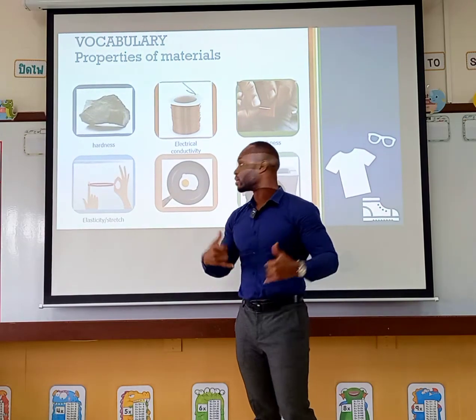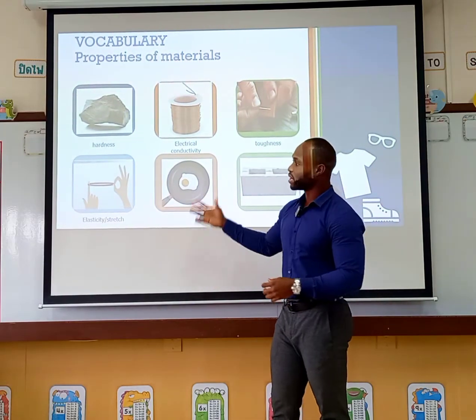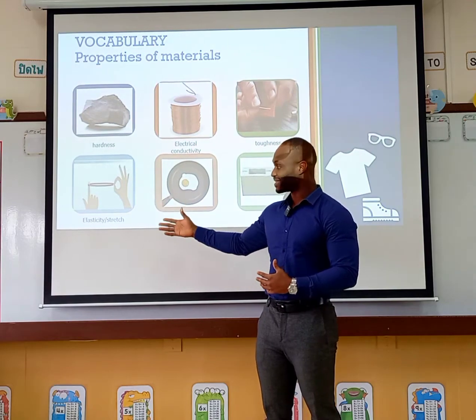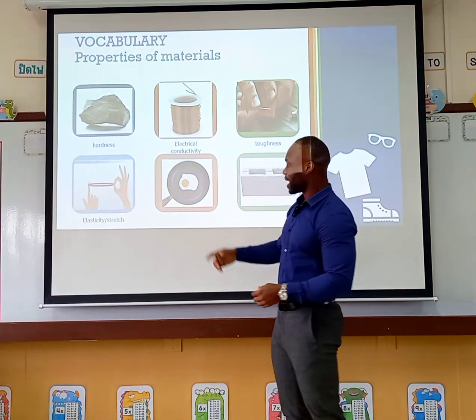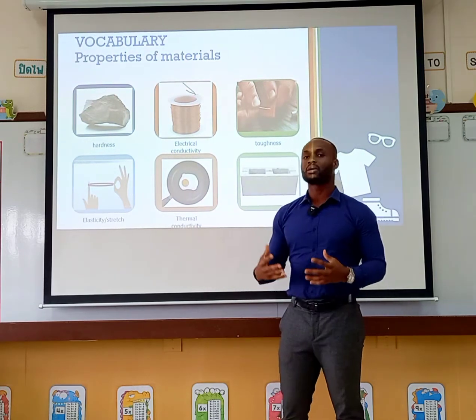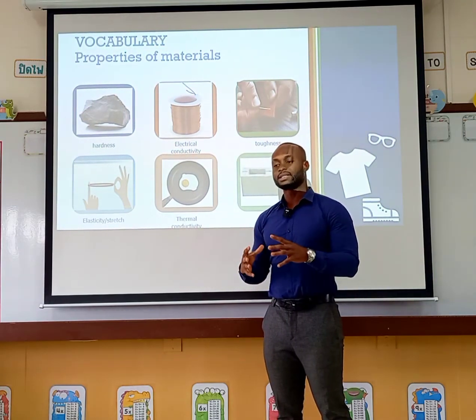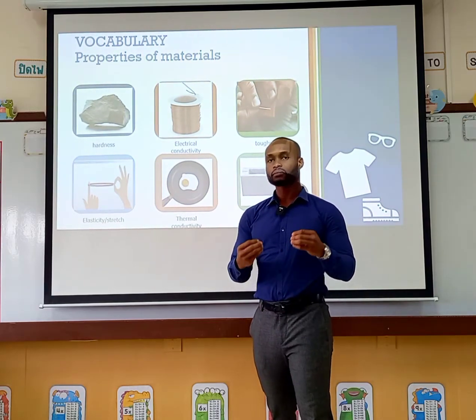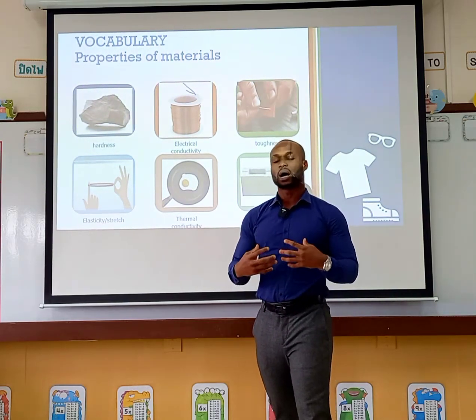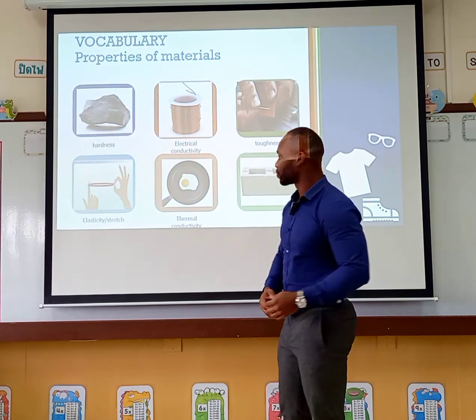An example of elasticity is a rubber band, okay? And the next one is thermal conductivity. This is the ability of a material to conduct heat, to allow heat to pass through, okay.